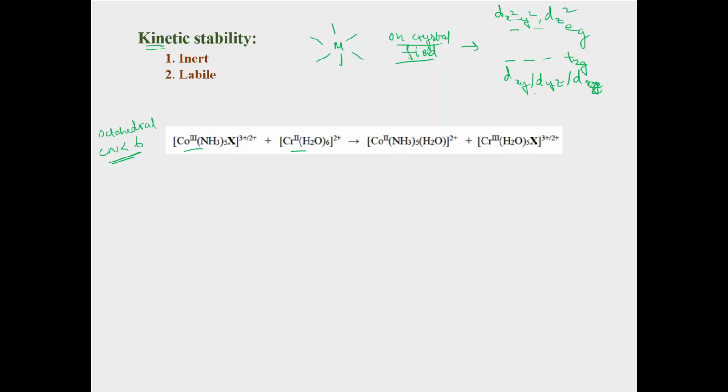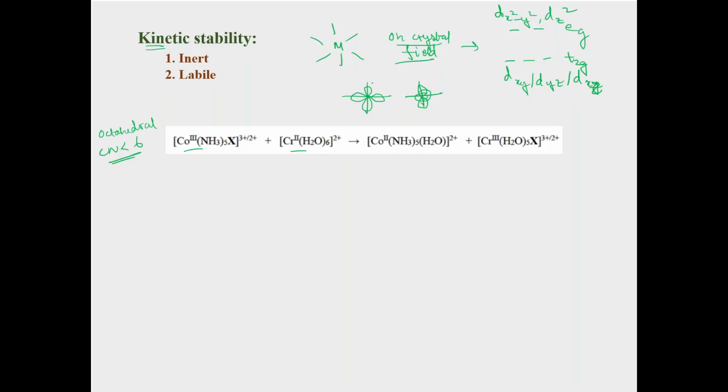So why is T2g lower in energy? Because in octahedral complexes, the ligands approach from the axis, and the lobes of dx square minus y square and dz square are present on the axis.